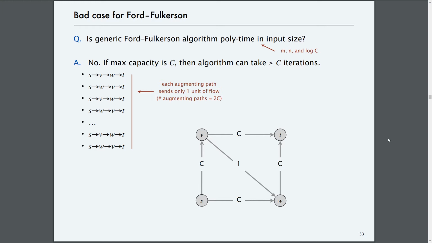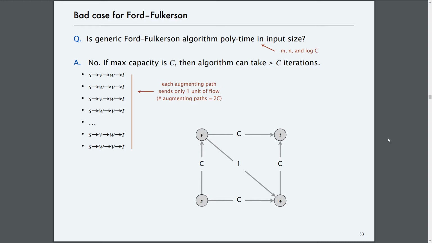So is this Ford-Fulkerson algorithm as presented here polytime in input size? What that means is we can have m, n in some polynomial power, but the capacity we can only have logarithmic. We have to have it log of c.